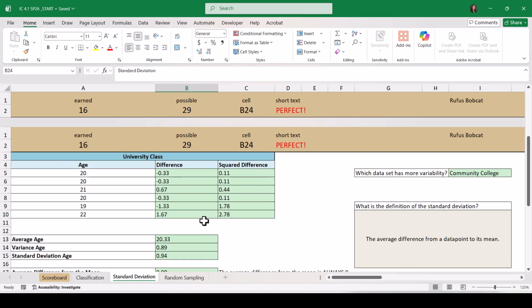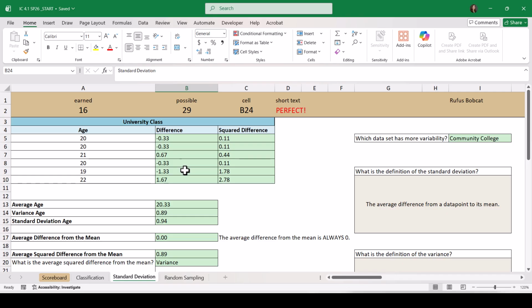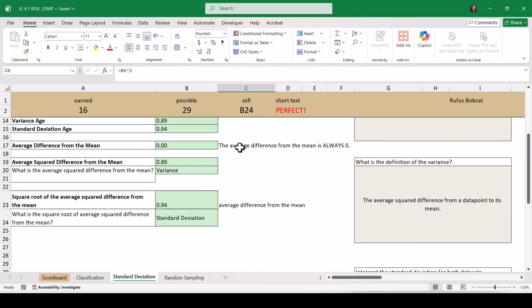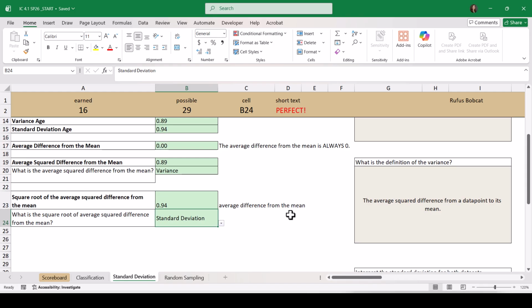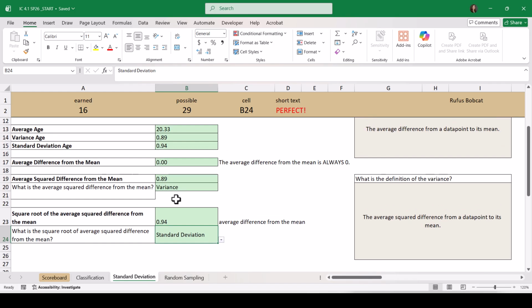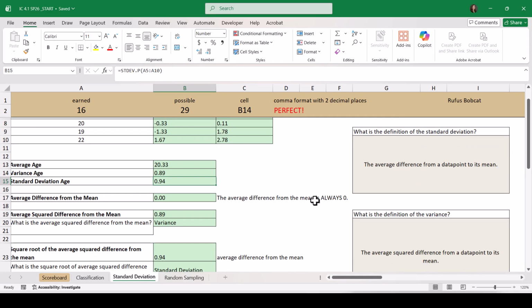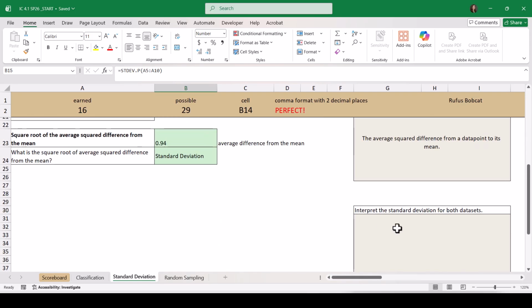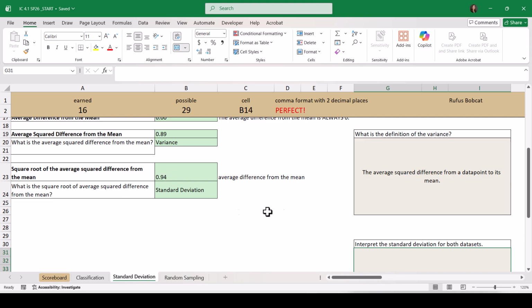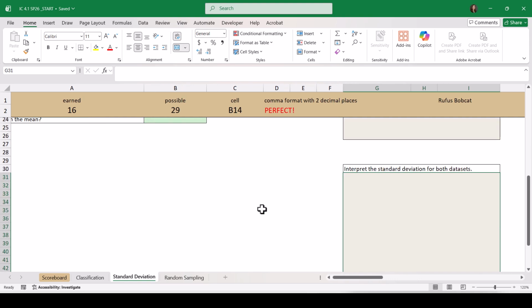So in order to get the average difference from the mean so that it doesn't equal out to 0, we square it, we compute the variance, then we take the square root of that to get the standard deviation. Obviously, this method was doing the formula. It's much easier to do the function, but I wanted to go over the formula because it helps you understand what these values mean.